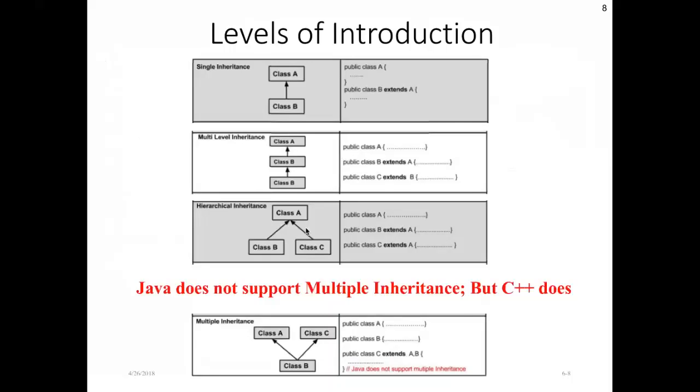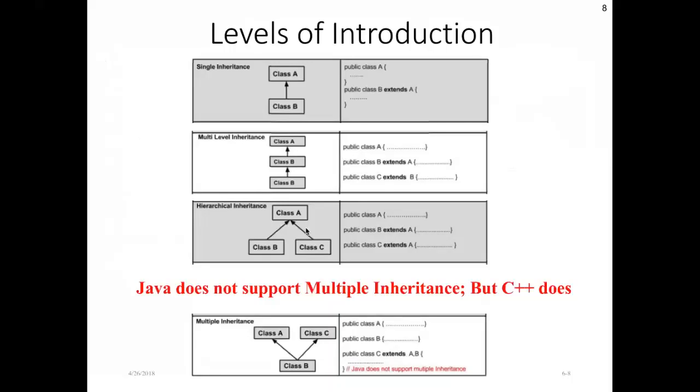Okay. So how is this inheritance? So public class A. Okay, then public class B extends A, right? Then in the third line, look at how it is working. Public class C, it extends B. It will not extend A. It will extend B. So if B inherits some property from A, and then class C, is it C or B?